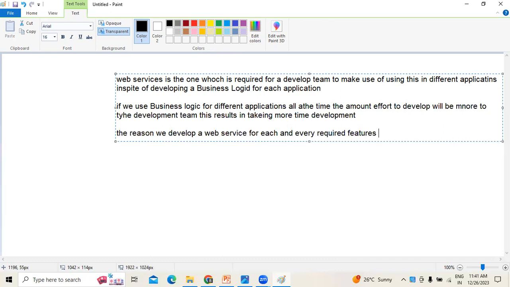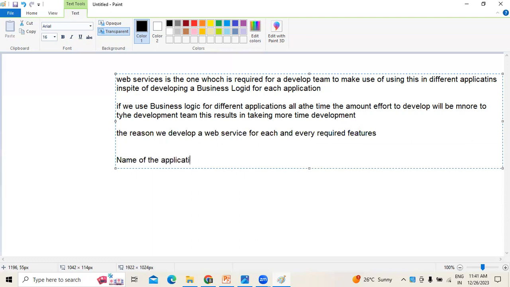Now, I'll give you an example. Let's say we are developing a patient management system. The name of the application is, for example, patient management system or healthcare management, whatever it is, right?